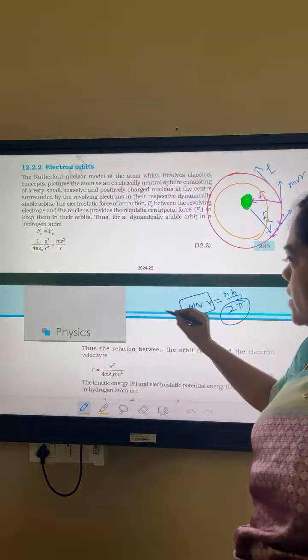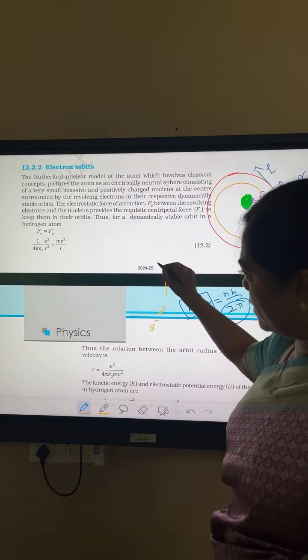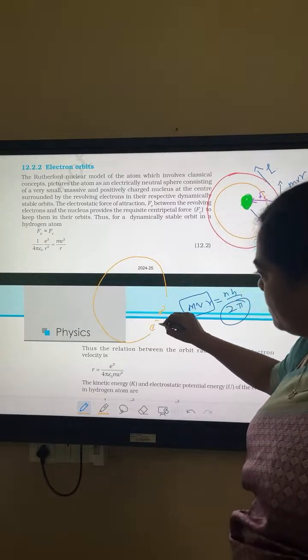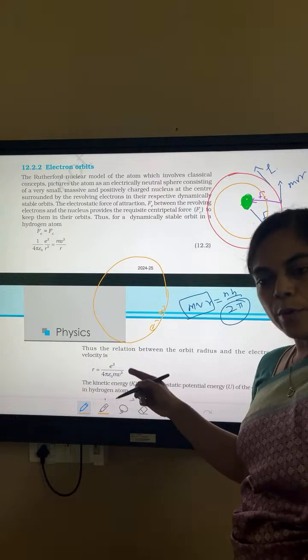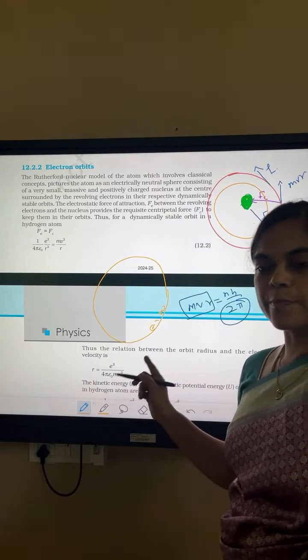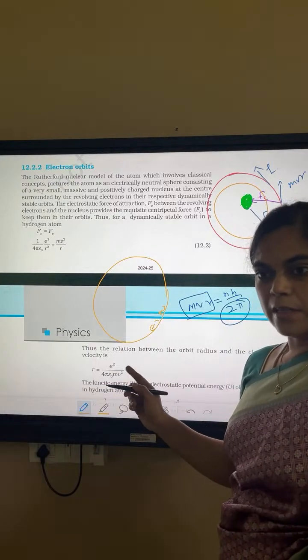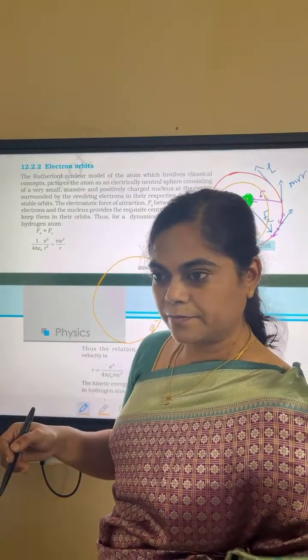Once the electron is here, it will keep a uniform orbit, revolving around the nucleus uniformly. How is it maintaining a constant orbit? Like a cycle wheel when you are pedaling.